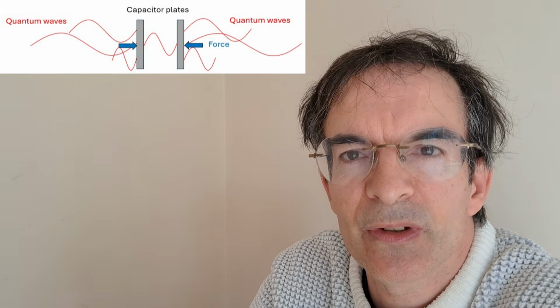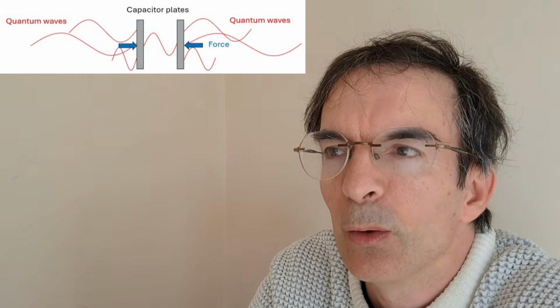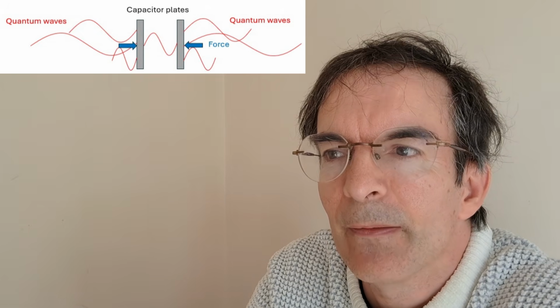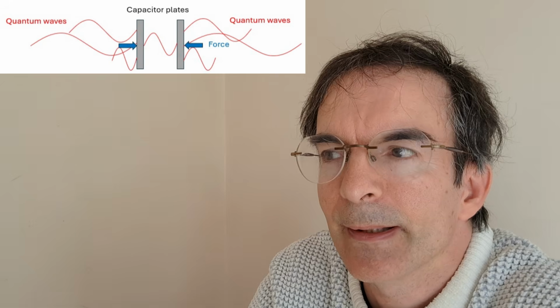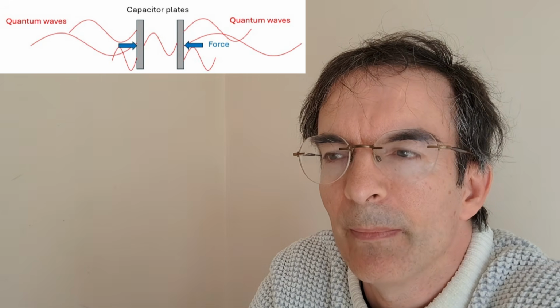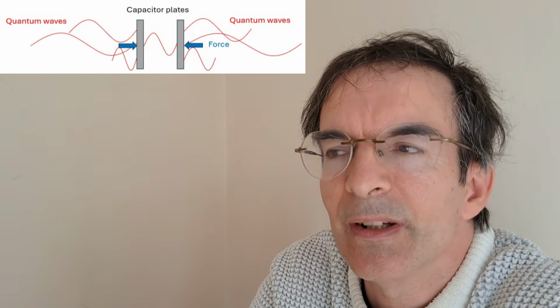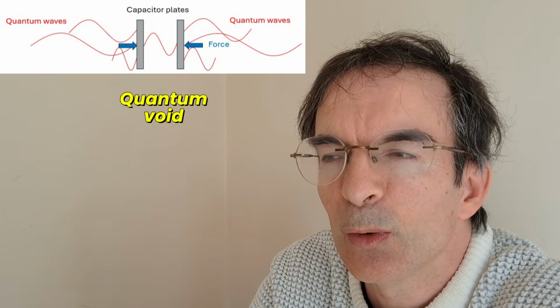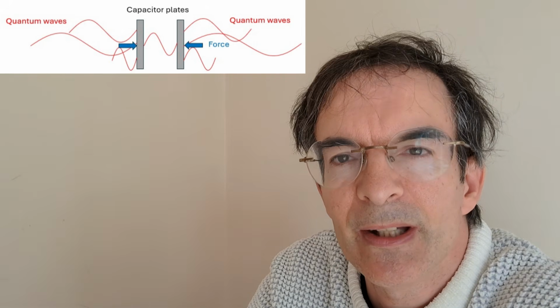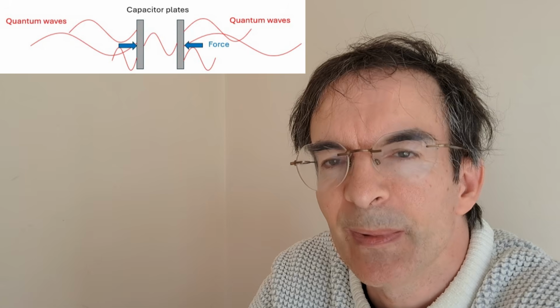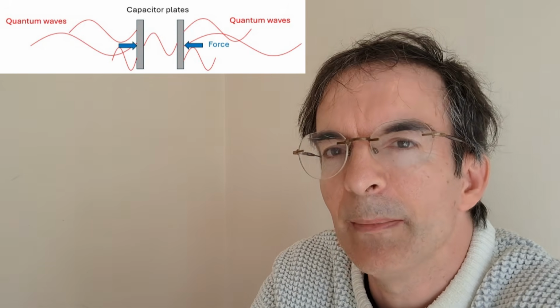So there are lots of waves outside the two plates, but between them, only the waves that have nodes on the plates can exist. So fewer waves can exist between the Casimir plates. This means that there are more quantum waves pushing the plates together than there are inside them pushing them apart. So they tend to move together, and this has been seen in many experiments.